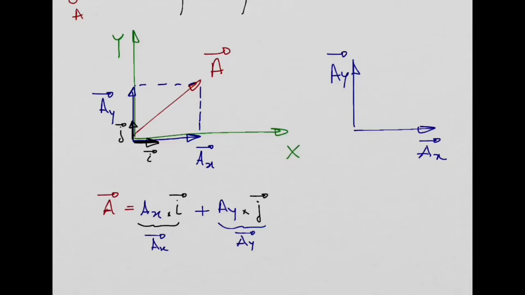In order to do it graphically, I'm going to do the opposite, like I did in the opposite way, right? I'm going to draw parallel lines here to this and to this, right? And then I just connect this point to this point, and this gives me my A vector. We call this the parallelogram rule, to add vectors graphically.